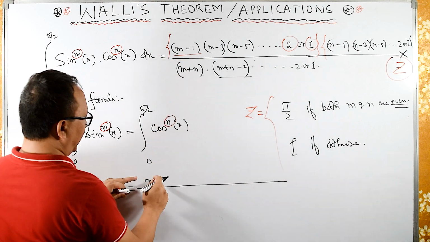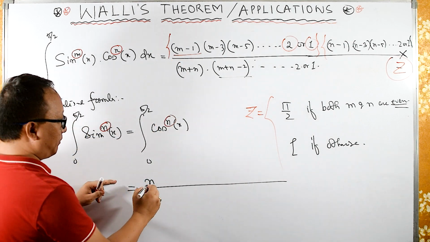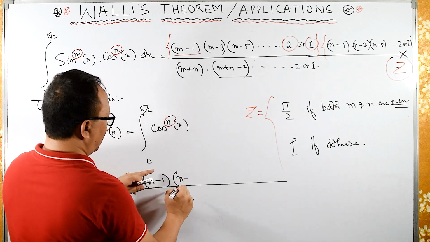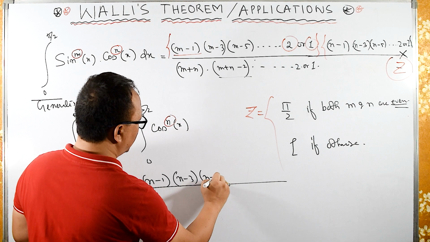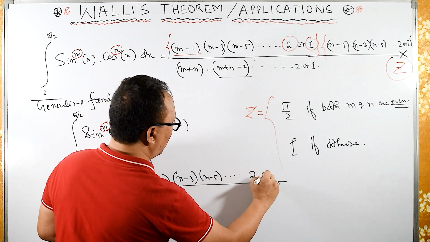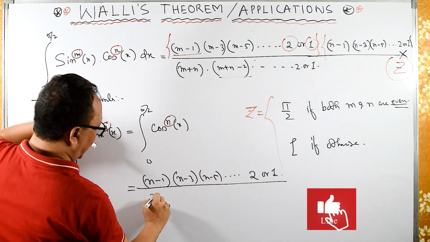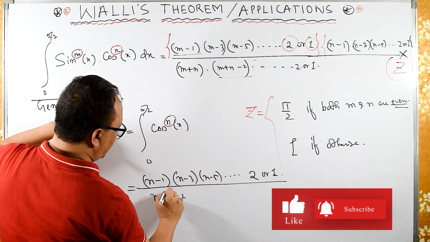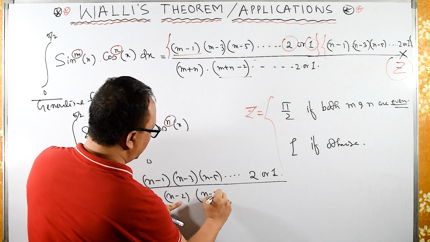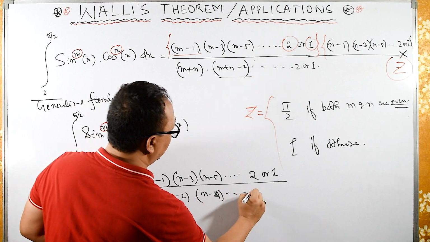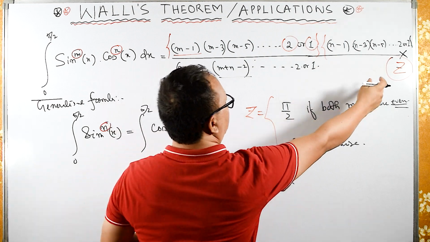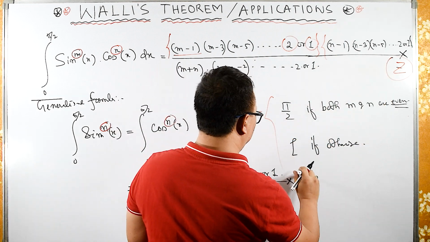In the numerator, if it is n, you decrease n minus 1, keep on decreasing 2: n minus 3, n minus 5, and so on, till you have either 2 or 1. In the denominator, n, decrease n minus 2 and keep decreasing 2 till you have 2 or 1, into p. What is p?